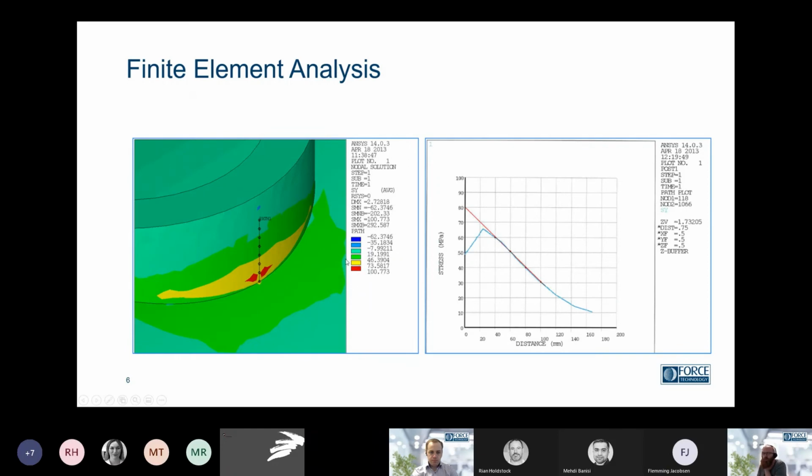So that's one approach with the finite element analysis. I'm not going more into the strain gauge, as it is quite similar: you place the strain gauges at certain distances from, for example, the weld toe, and then you extrapolate the two stresses to the point where you want to find the stress.